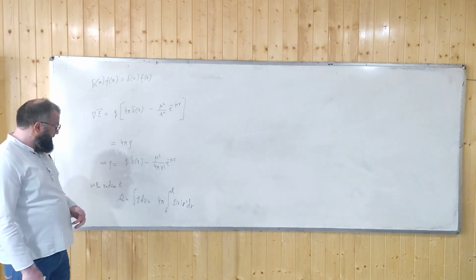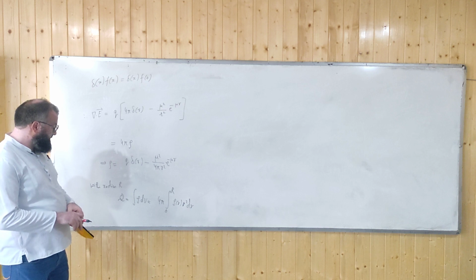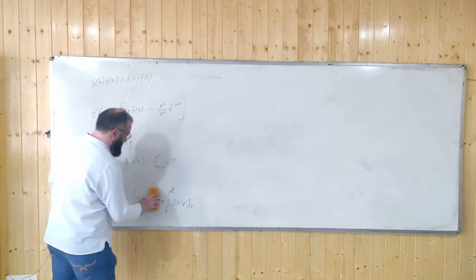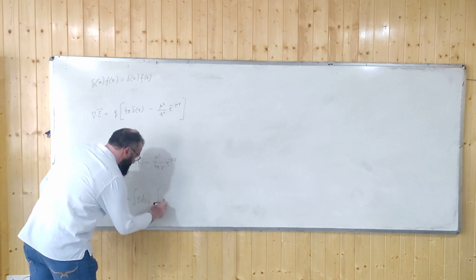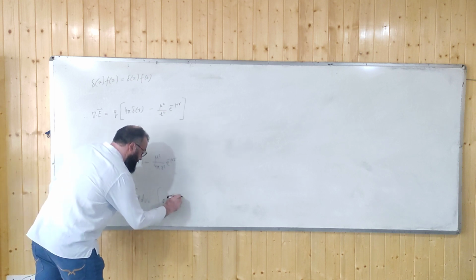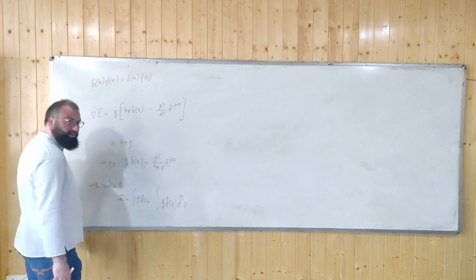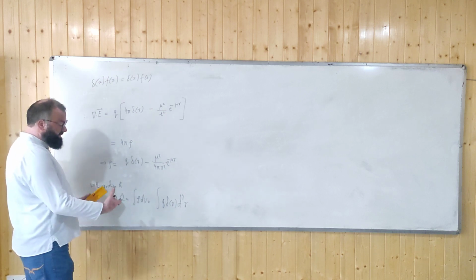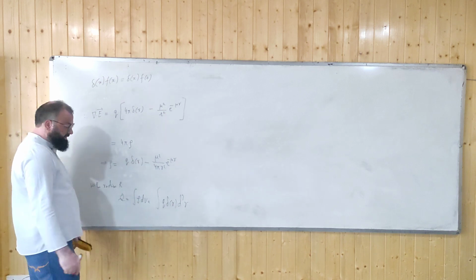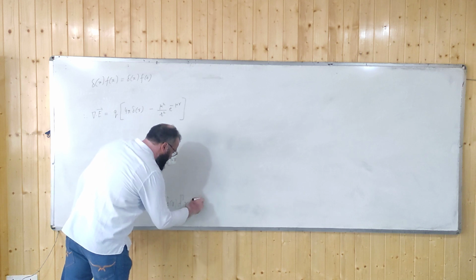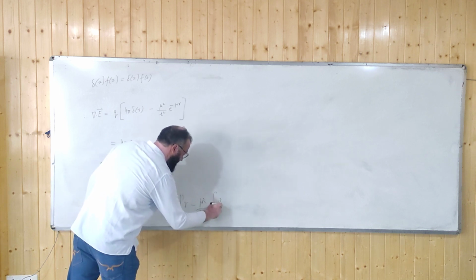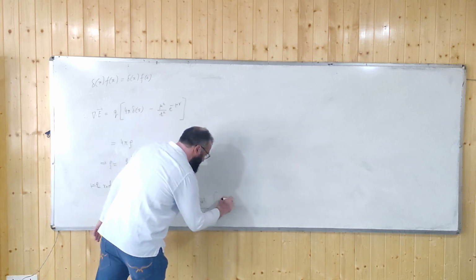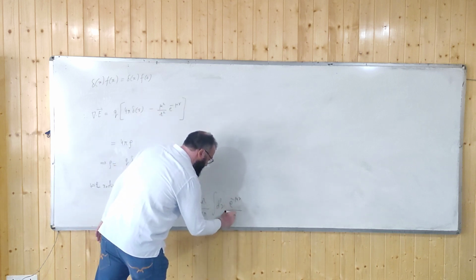Oh, wait a second. So it's like this. So rho will be simply Q delta of r integrating over the entire volume, minus mu square by 4 pi integration over volume dv of e raised to minus mu r divided by r square.